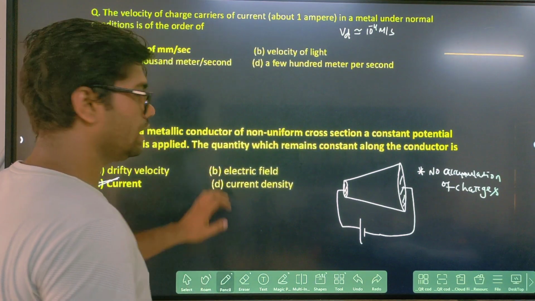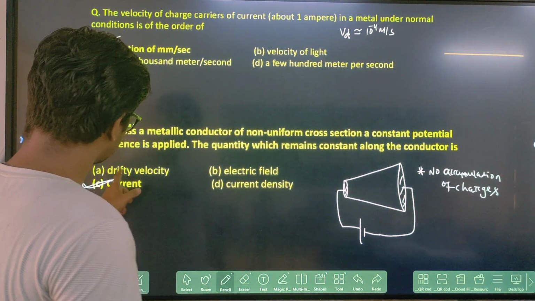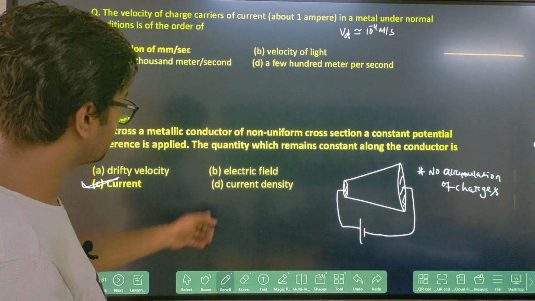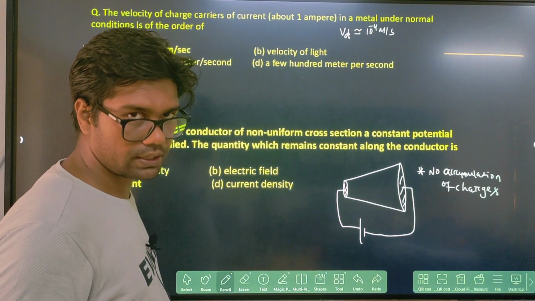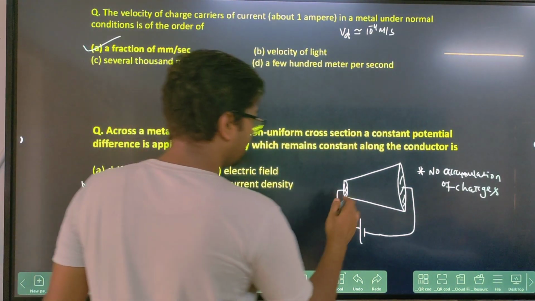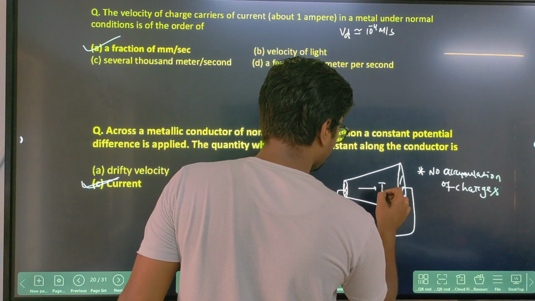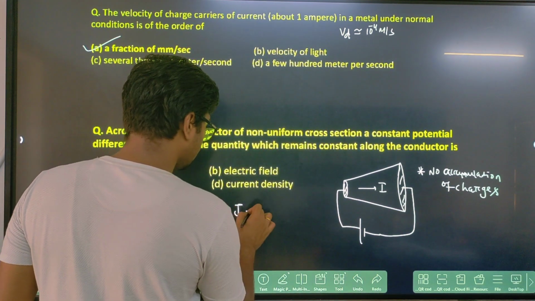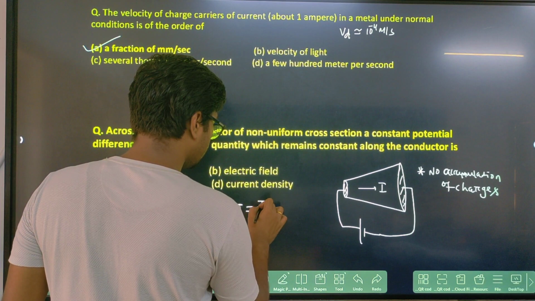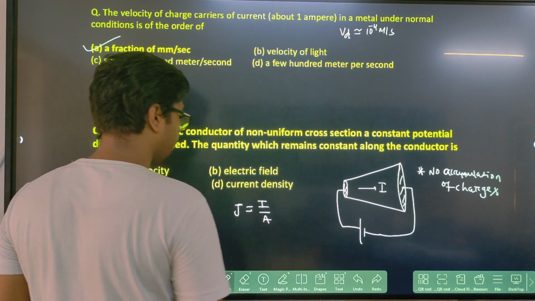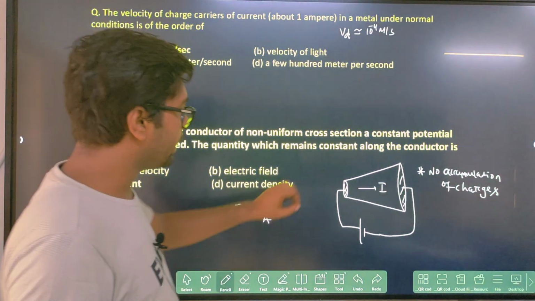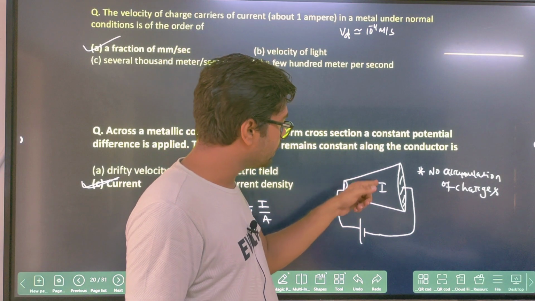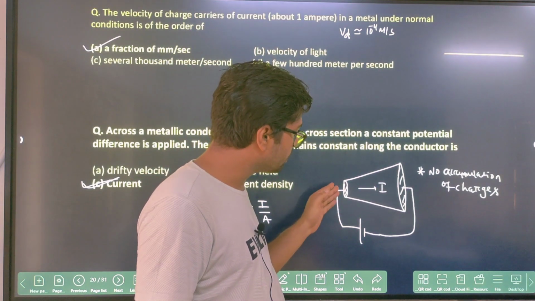Let's talk about all these options. Let's first talk about the current density. If the current is the same everywhere in the circuit, J equals I by the perpendicular area. Here the cross-sectional area keeps increasing from left to right.